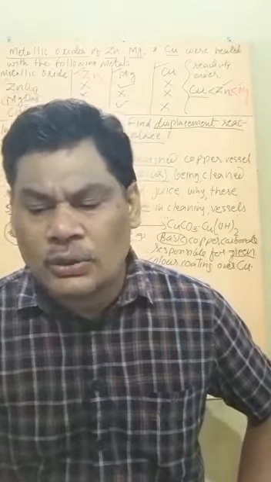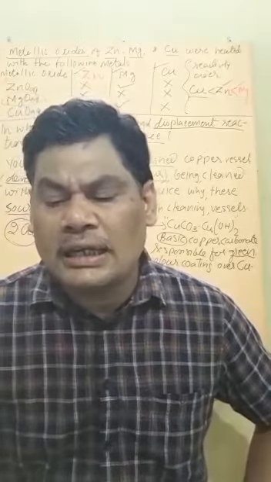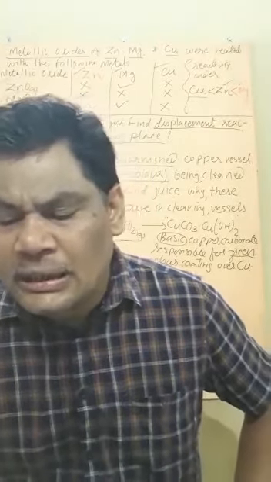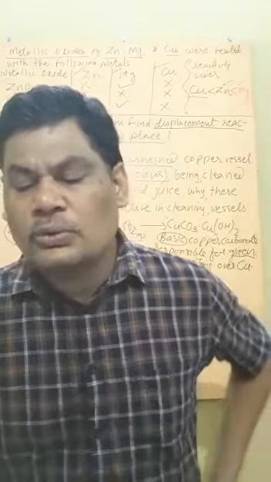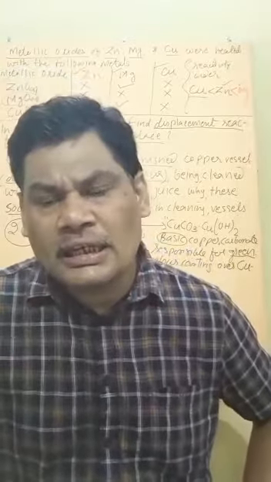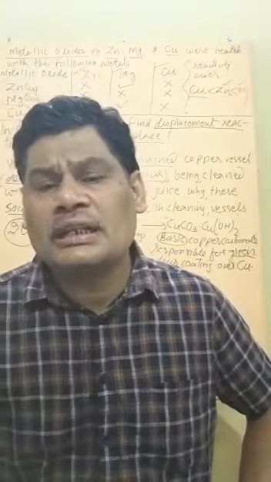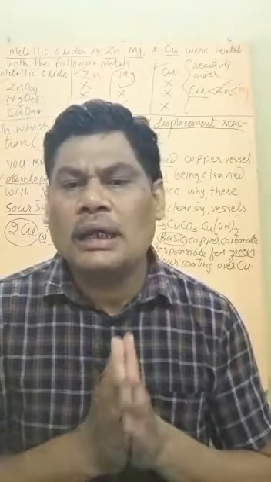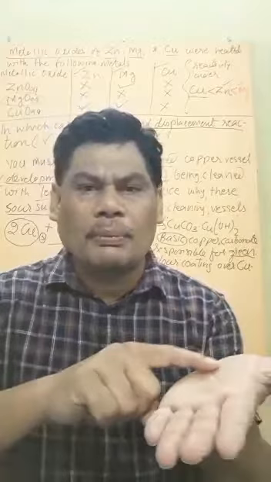I already told you earlier. Next: aluminum is a highly reactive metal, yet it is used to make utensils for cooking. Now student, it is a very important thing. Aluminum is highly reactive, but when it reacts with oxygen, it suddenly forms an aluminum oxide layer above it.